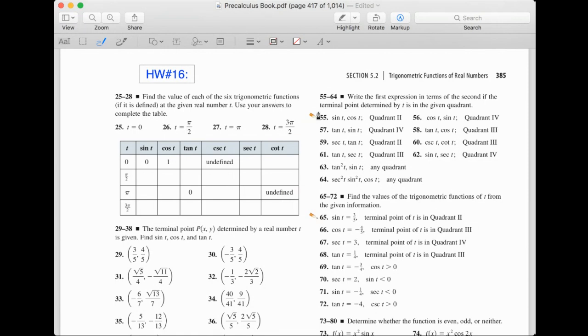Let's do four questions from here: 55, 56, 57, 58. Then 65 up to 70, which is 6 questions. Okay, total 10 questions.